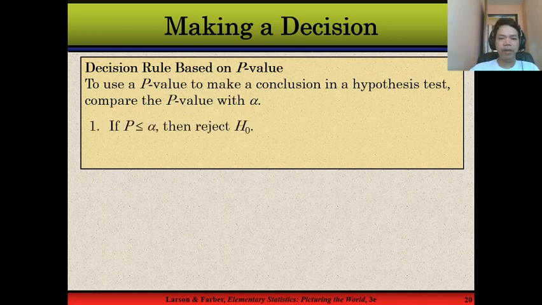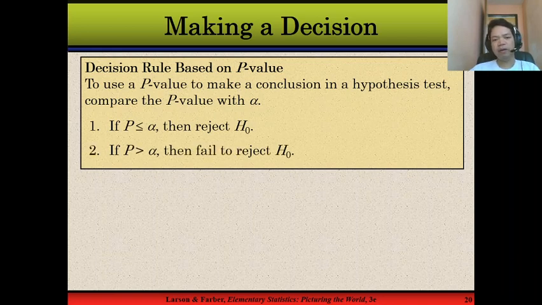So, if your p-value is less than or equal to alpha, then we need to reject the null hypothesis. Pag ang p-value mo ay equal o mas maliit dun sa level of significance natin, kailangan daw natin i-reject yung null. So, yung decision na pinag-uusapan natin whether to reject or to accept the null hypothesis.